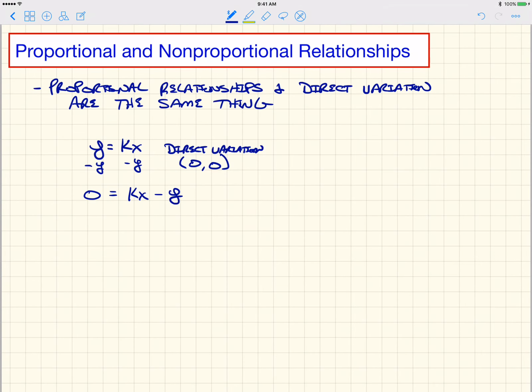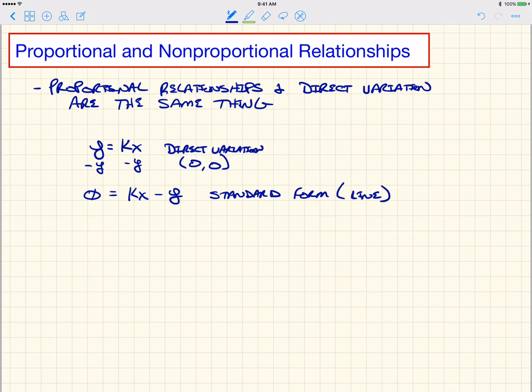This is standard form. Even though I have a 0 over here, that's okay. I can write this equation in standard form, which means that it is describing a line. So that was direct variation.